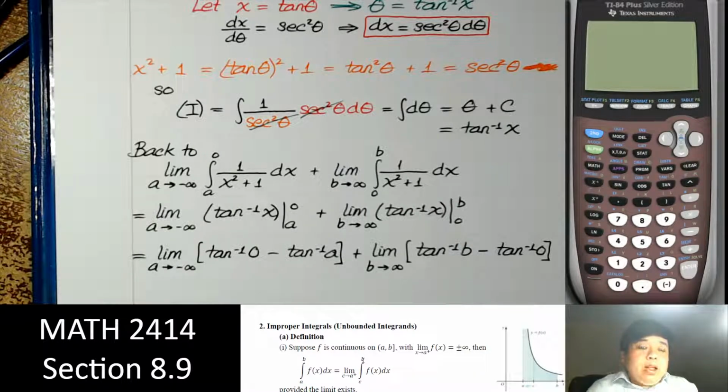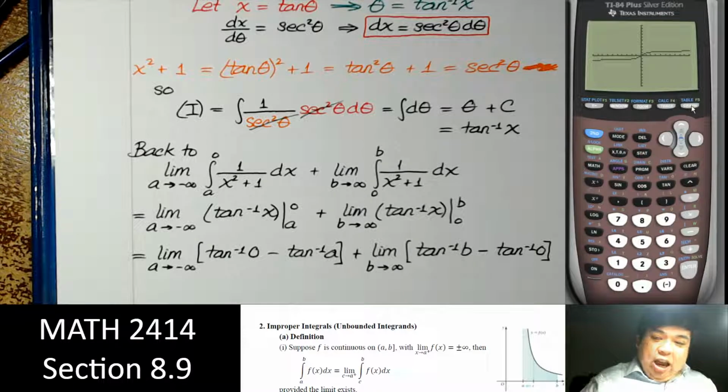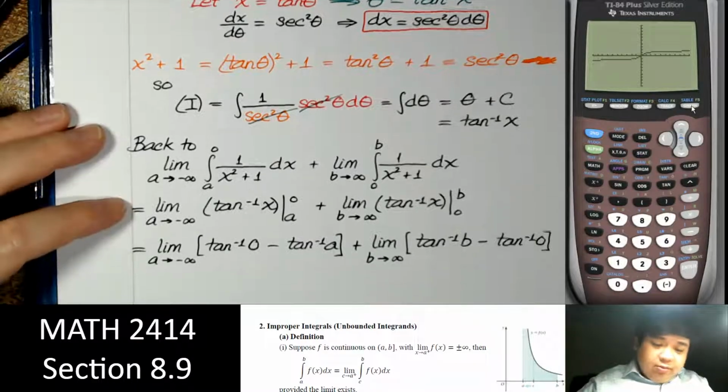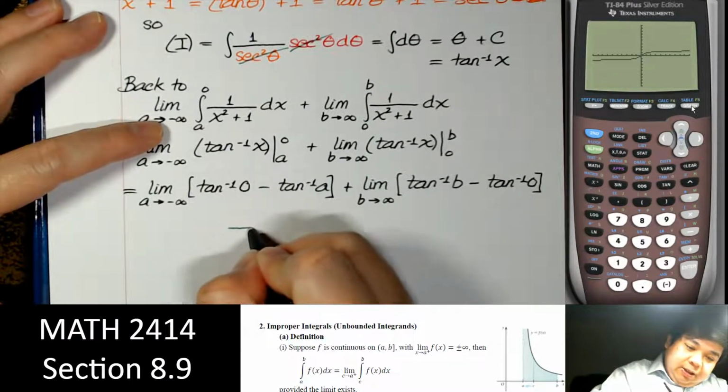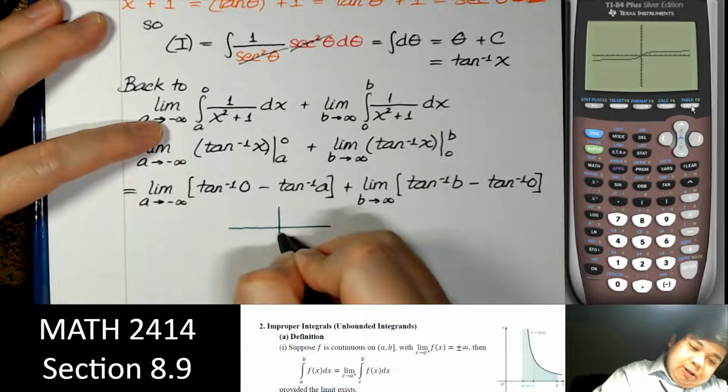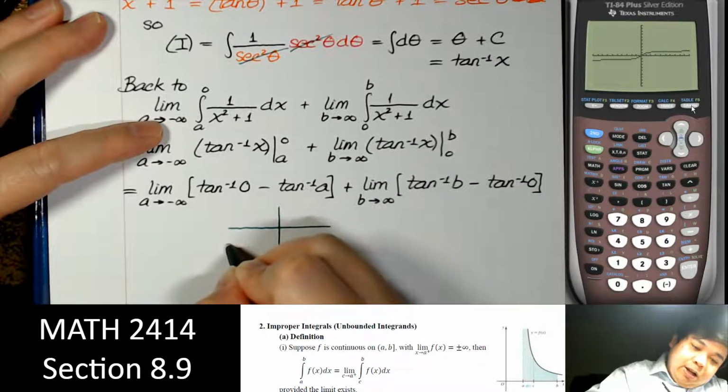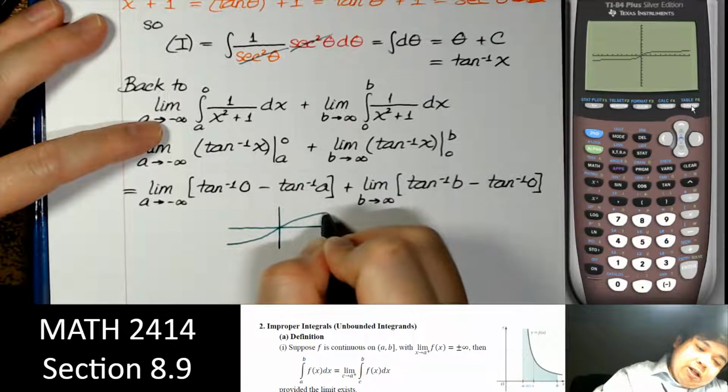Right, so what do we have here? What does the tangent inverse look like? It looks like this.